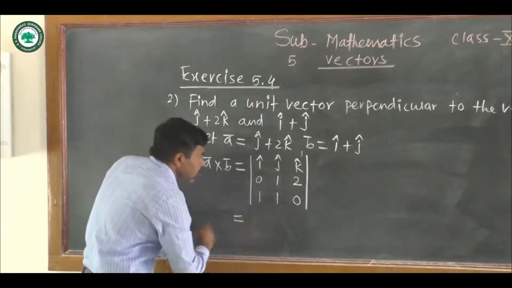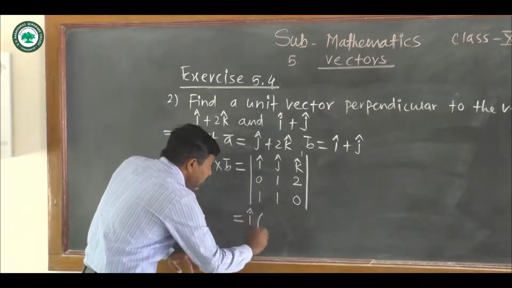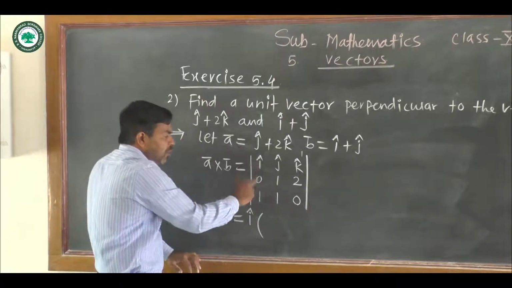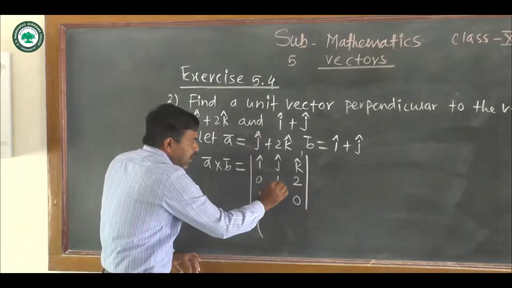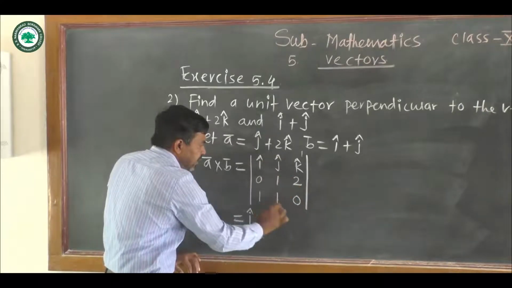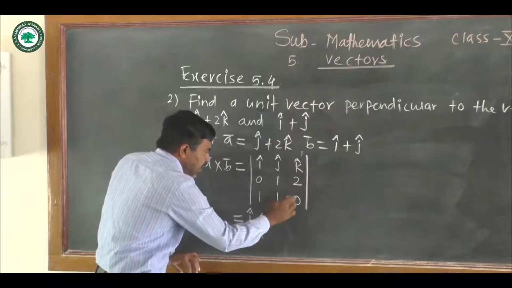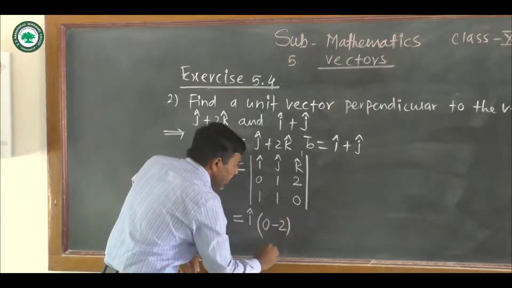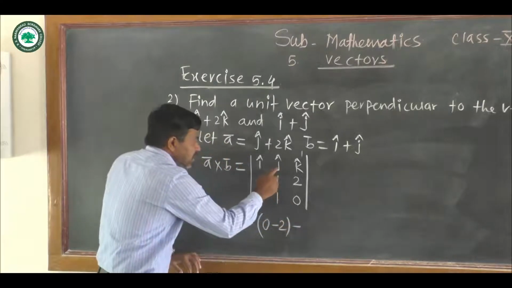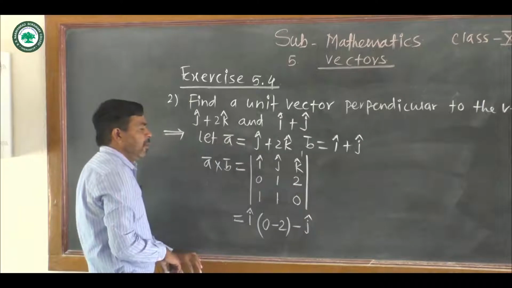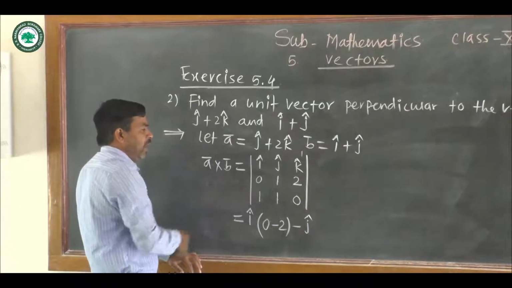It is equal to I cap in bracket. Now I cap lies in the first row and first column, so leave the first row and first column; these 4 elements 1, 2, 1, 0, take the determinant: 1 into 0, 0, minus 1 into 2, 2. The second term is minus j cap, because it is given in the formula.